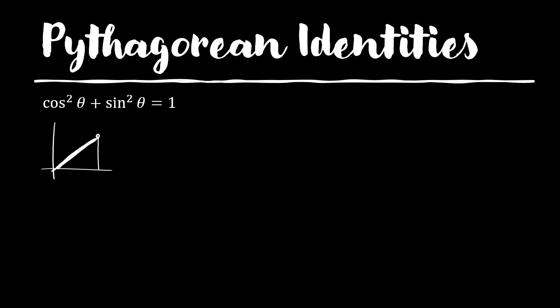So being on the unit circle, of course, the hypotenuse of this right triangle is equal to 1. Our opposite side will be y, or sine of our angle theta. And our adjacent, or x, will be equal to the cosine of theta.